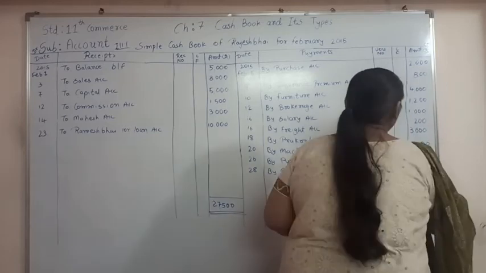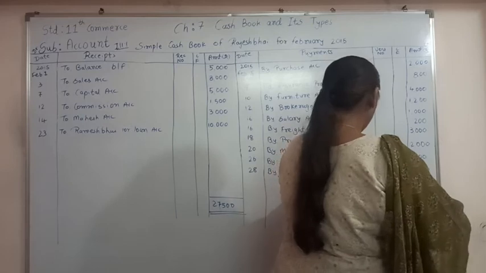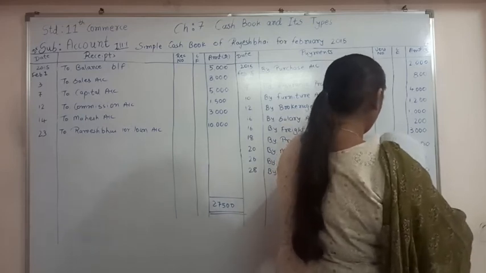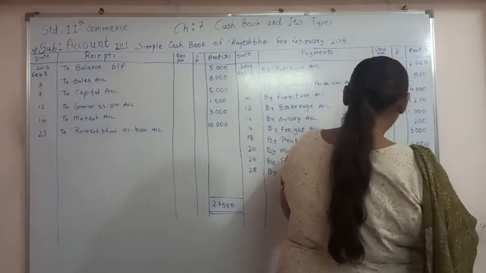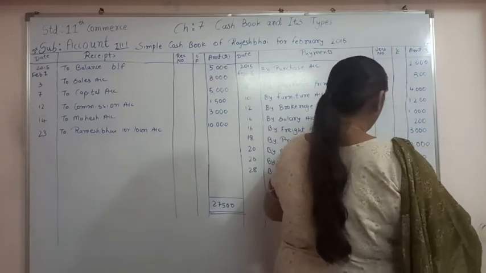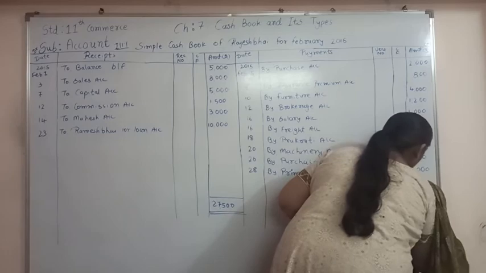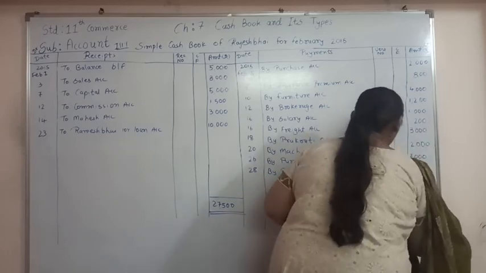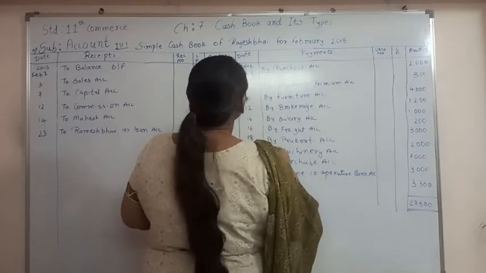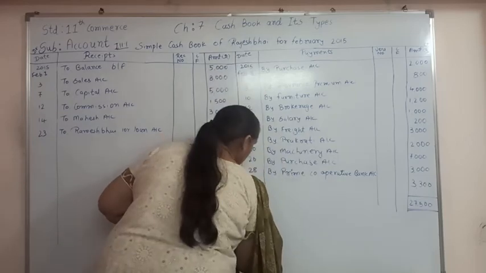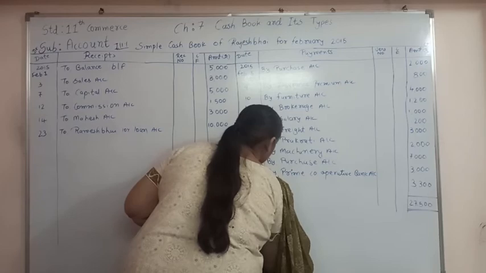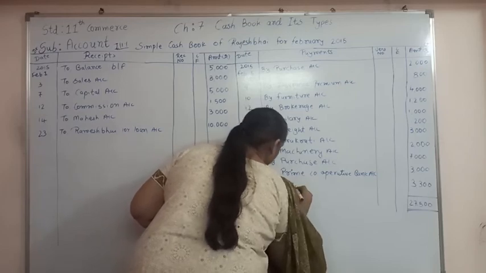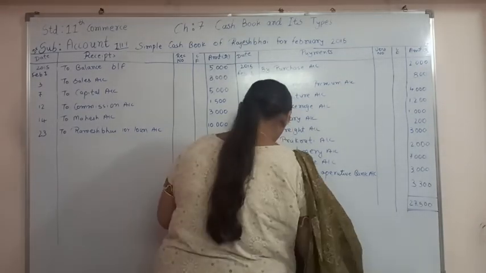From that, we deduct 800, 4,000, 1,200, 1,200, 3,000, 2,000, 7,000 and 3,000, and the balance will be 3,300. As this is February, we write the last date of February, that is 28, by balance carried forward.